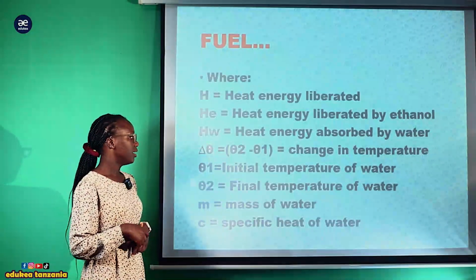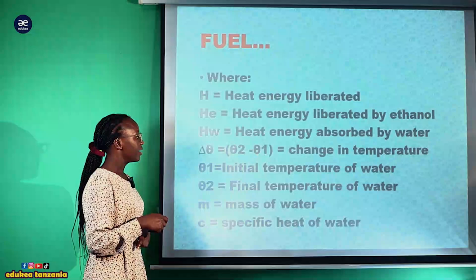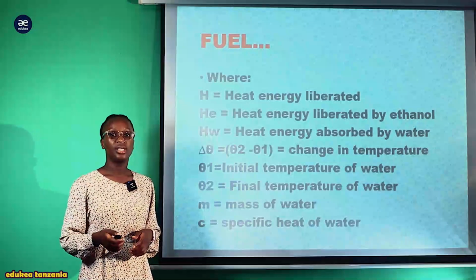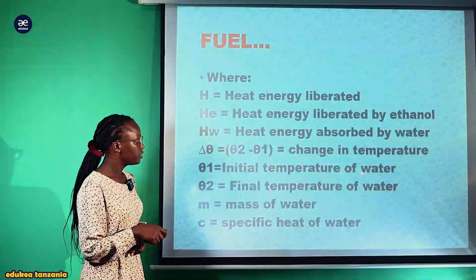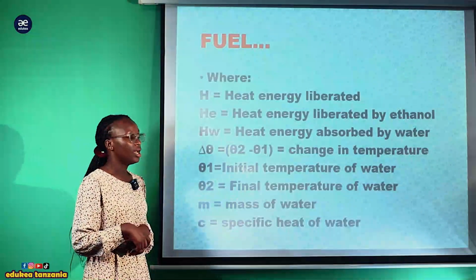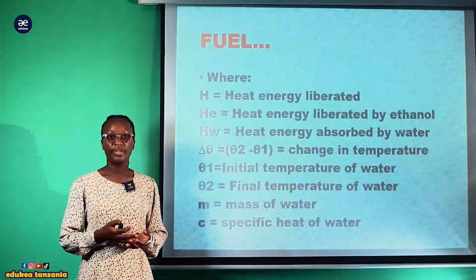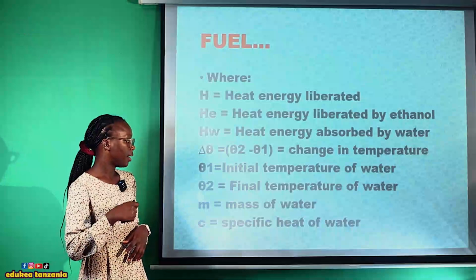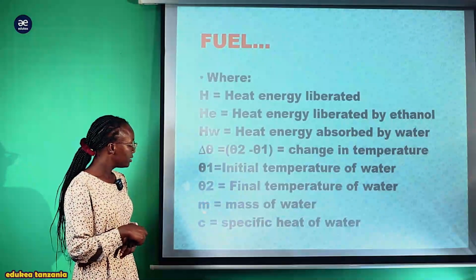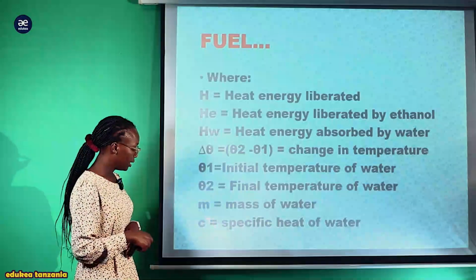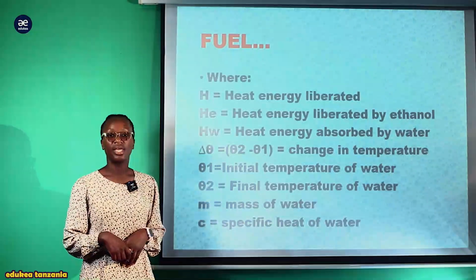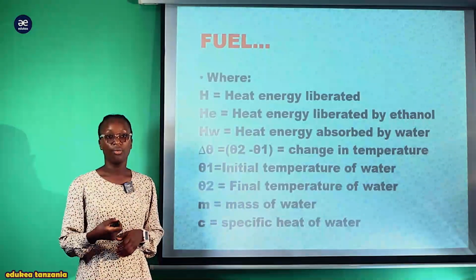We have change in theta, which means theta 2 minus theta 1, that is the change in temperature. Theta 1 means the initial temperature of water, and theta 2 means the final temperature of water. The small letter m stands for mass of water, and c is the specific heat capacity of water.